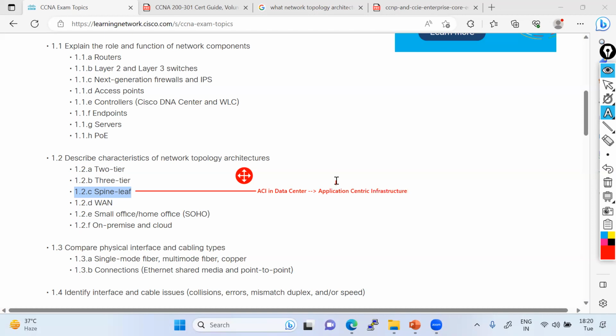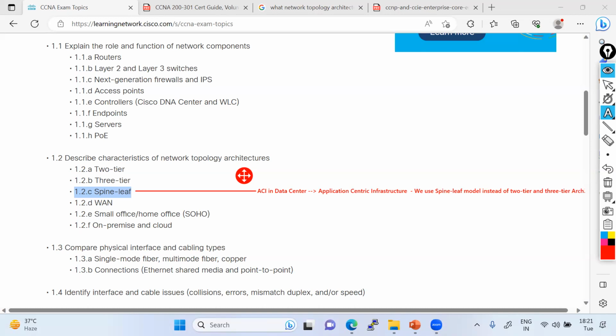In this application centric infrastructure, we use the spine and leaf model instead of 2-tier and 3-tier architecture, right?